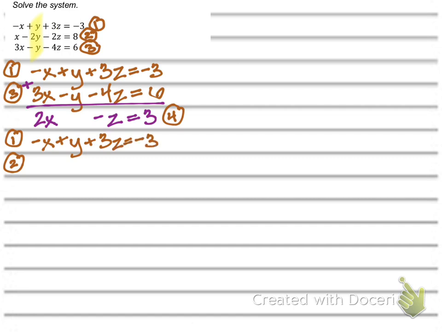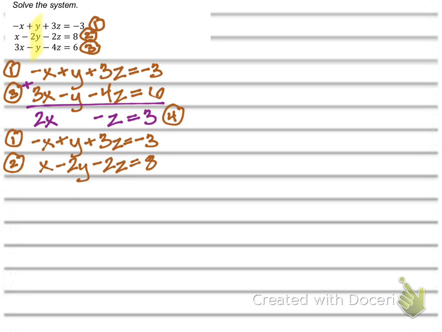And 2 is x minus 2y minus 2z is 8. Now, I can't get rid of y yet, right? I know that I could add those together and get rid of x, but that's not what I'm trying to do, okay? I decided at the beginning I was going to get rid of y, so that's what I'm going to get rid of.